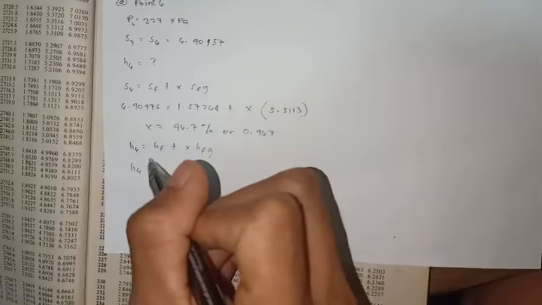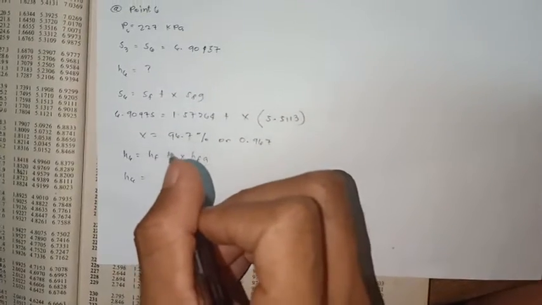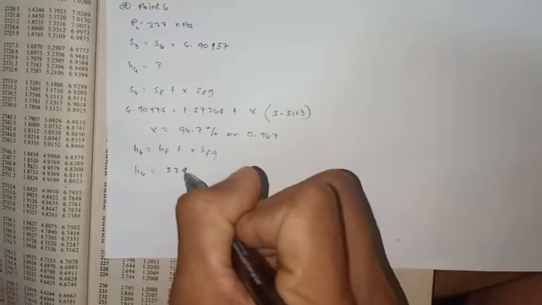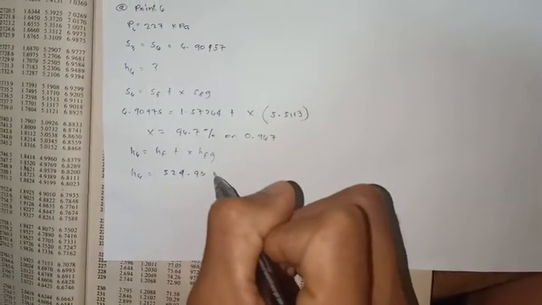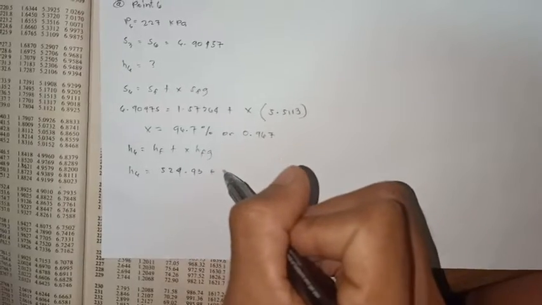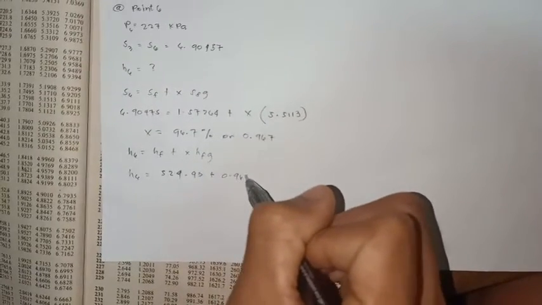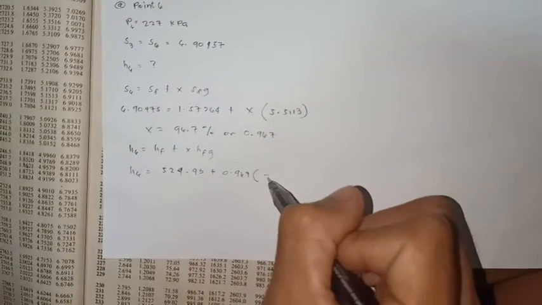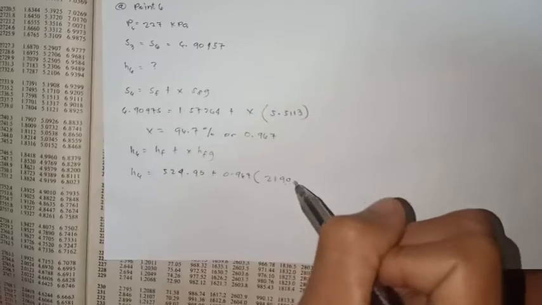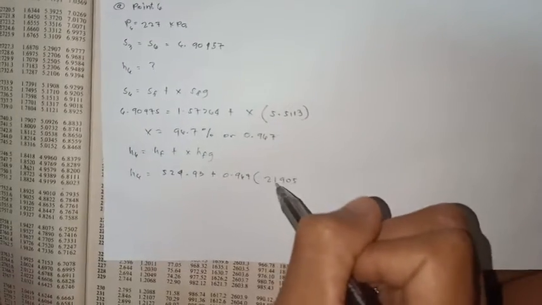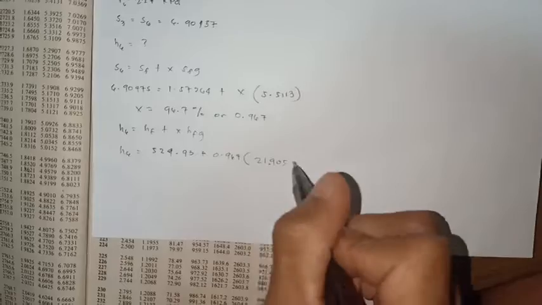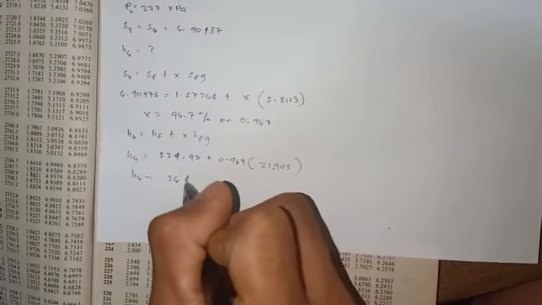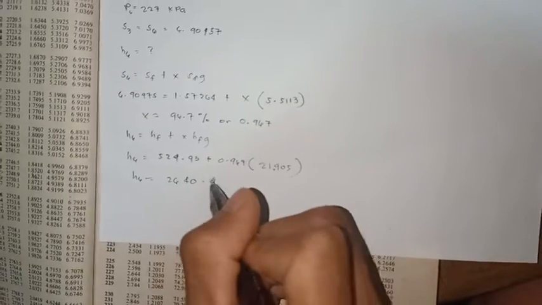H6 equals HF from the steam table, we have the value of 524.93 plus the value of X, 0.967, times the value of HFG, which is 2195.05. So H6 is equal to 2640.14.